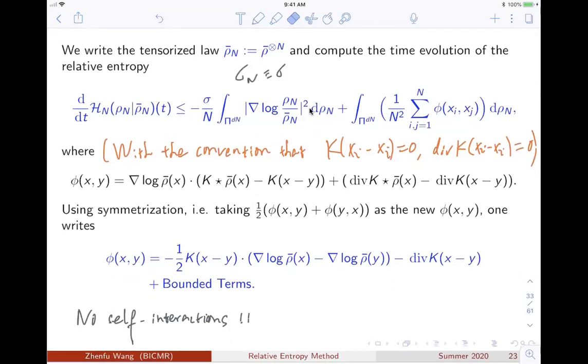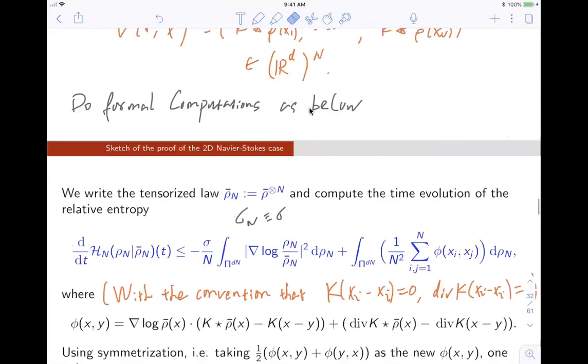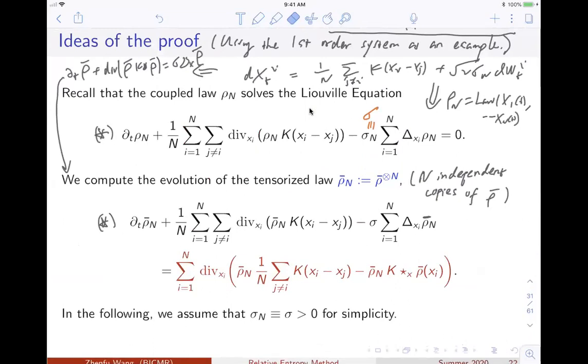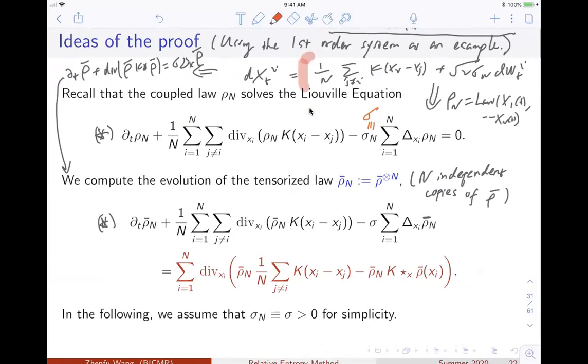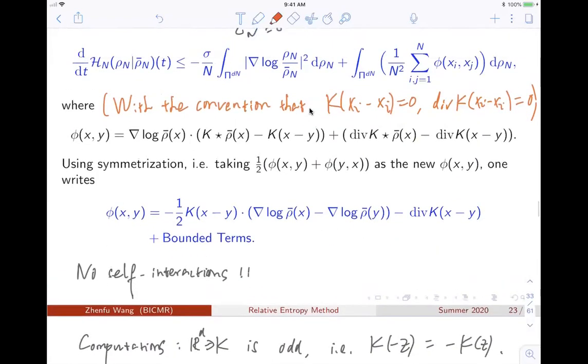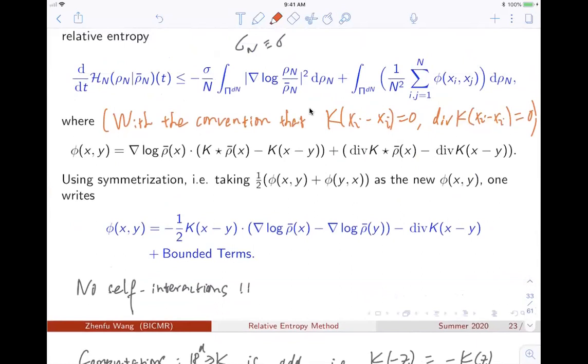I'm a little bit cheating here, because if you recall the definition in the particle system and also in the Liouville equation, you will see right here in the force field that j is not equal to i. So there's no self-interaction: particle i only feels the interaction from the other n-1 particles. But believe me, here it's not a big deal.